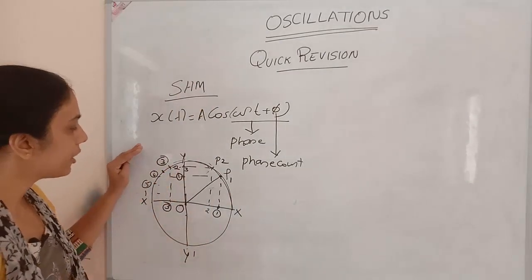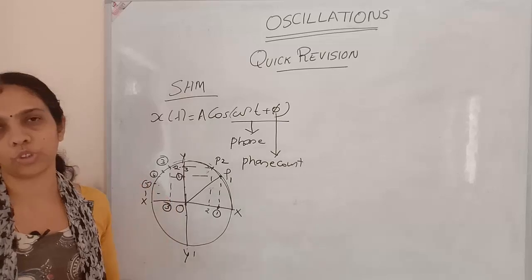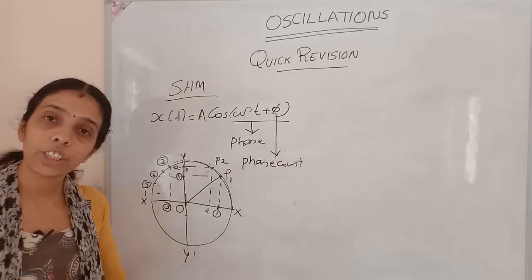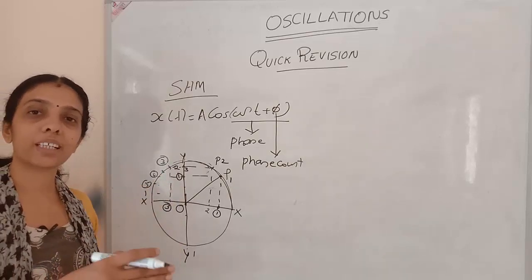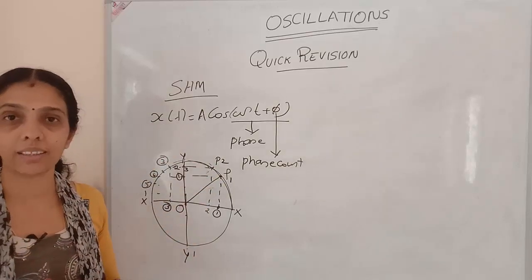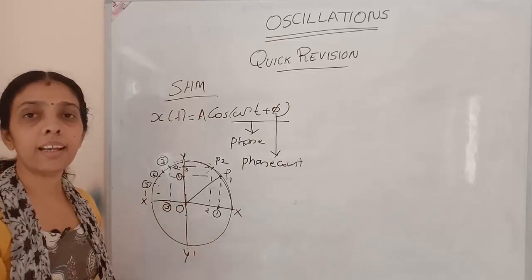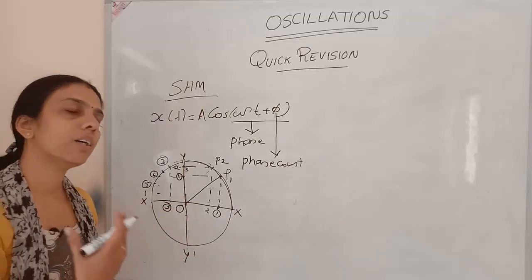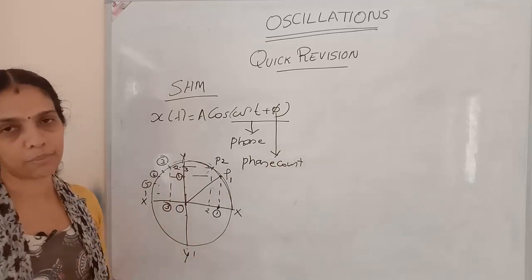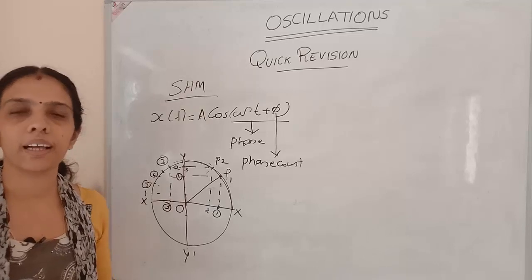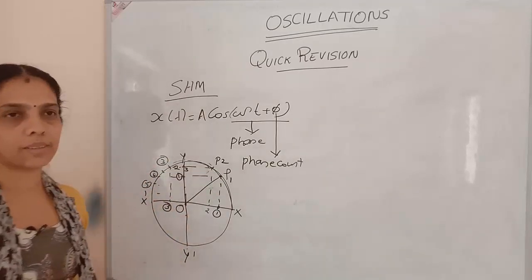That kind of motion we can represent as simple harmonic motion. The projection of a particle moving in a circular path can be represented as a simple harmonic motion. So this is about SHM.